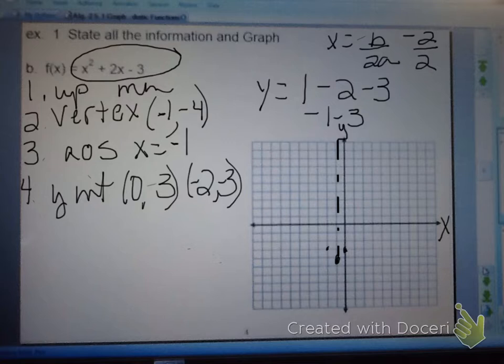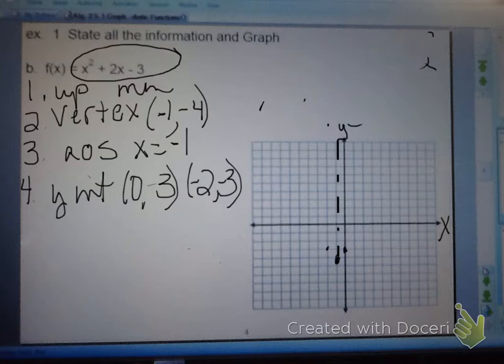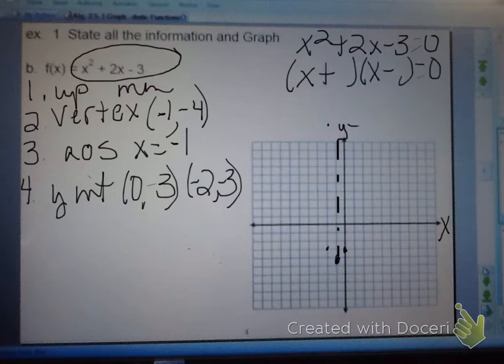To find the x-intercept, I am going to put the equation equal to 0. Factor and solve. My signs are going to be different. I'm going to use 3 and 1. I don't have any choice but to use 3 and 1.